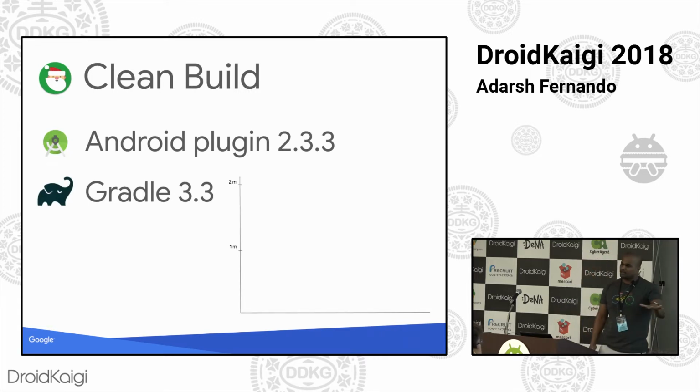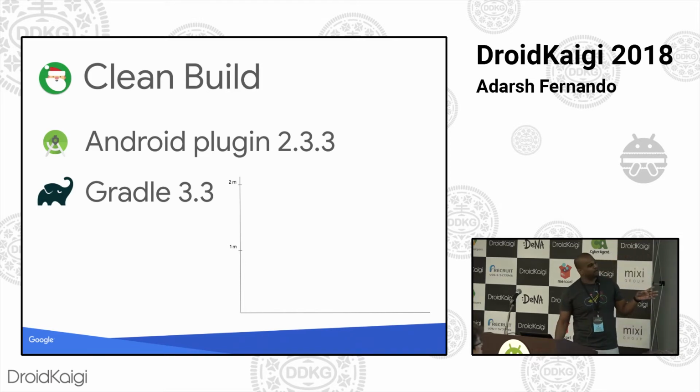To get a clean measurement, we're going to do a clean build using Android Studio 2.3 with the 2.3 plugin. It's using Gradle 3.3. I did a couple of clean builds using Android Studio, because there is a warm-up effect for the JVM. It needs to know how many resources you're really going to need.